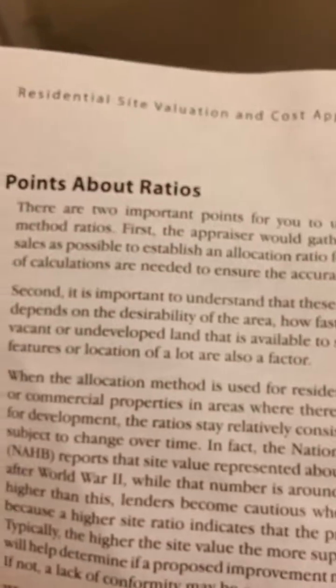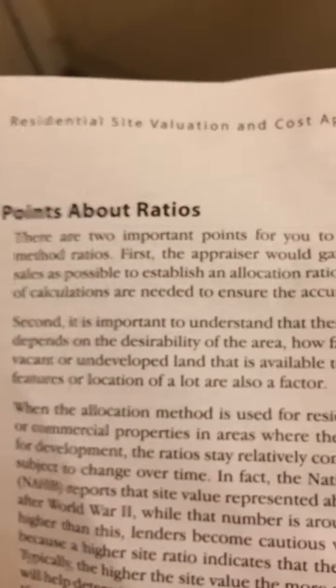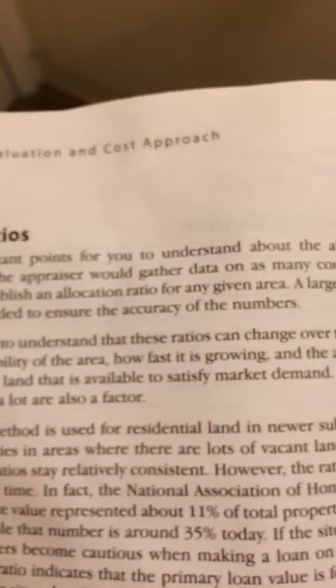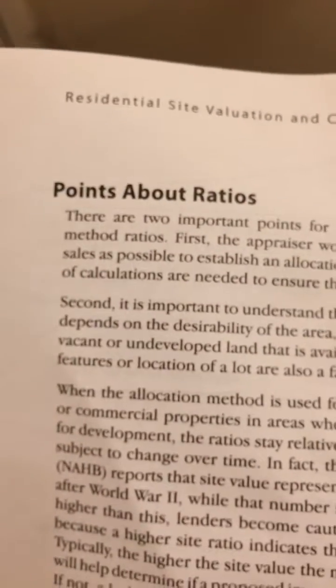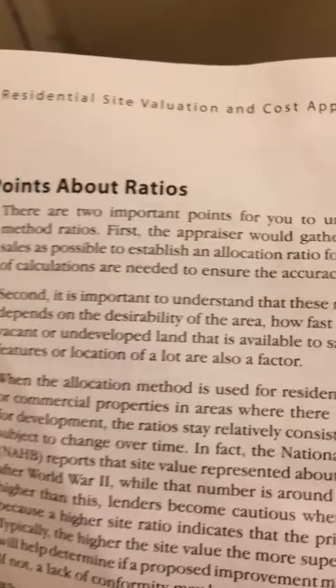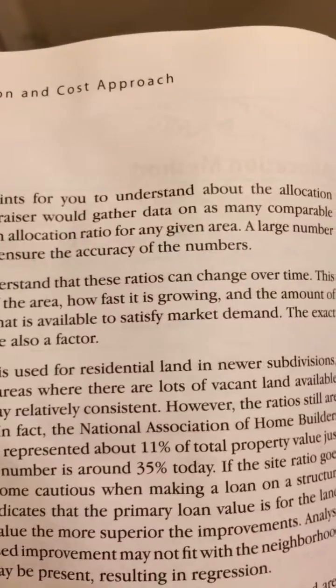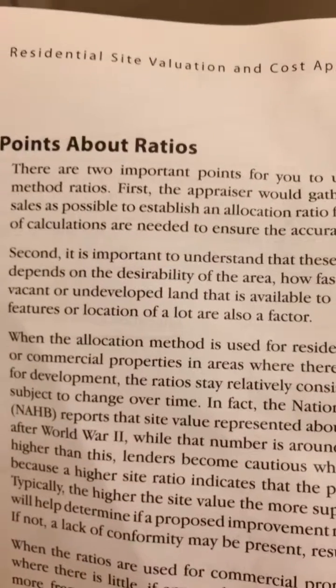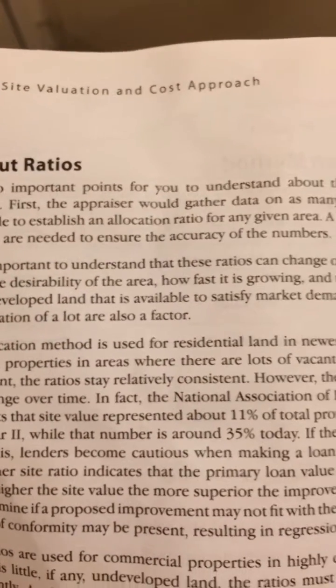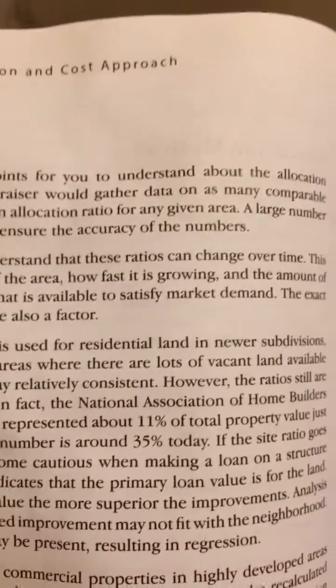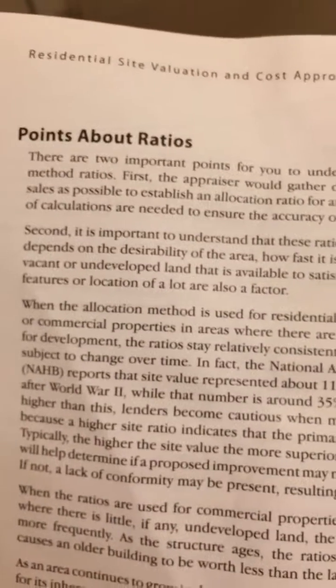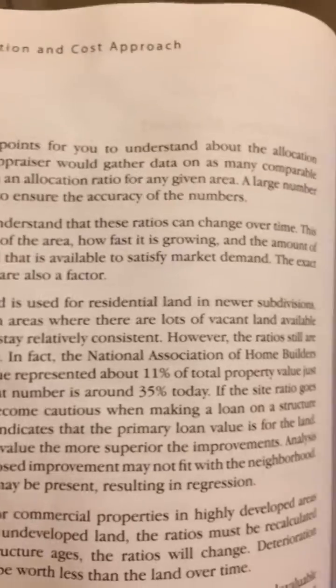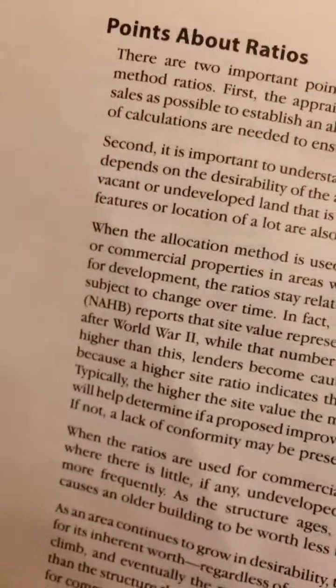Points about ratios. There are 2 important points for you to understand about the allocation method ratios. First, the appraiser would gather data on as many comparable sales as possible to establish an allocation ratio for any given area. A large number of calculations are needed to ensure the accuracy of the numbers.